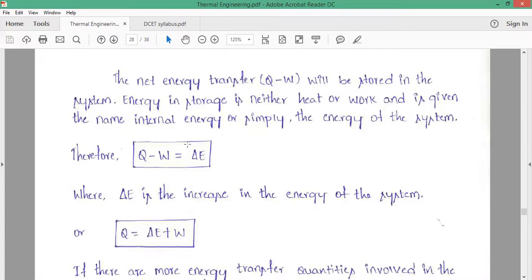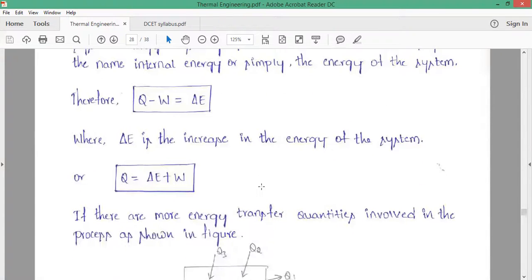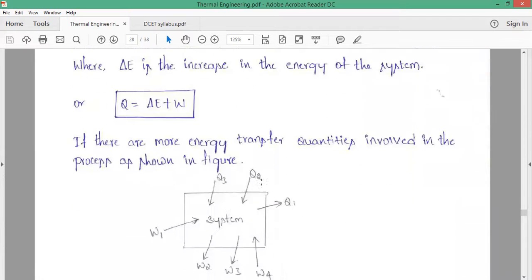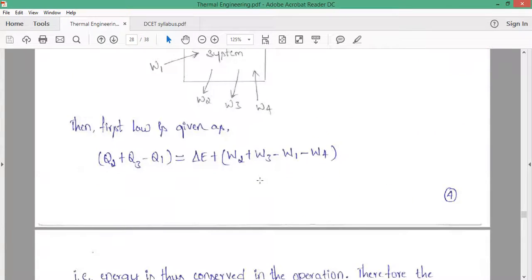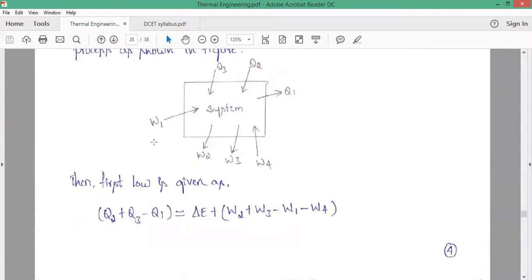Therefore, the difference q minus w equals delta E, where delta E is the increase in energy of the system, right? If there are one or more heat interactions and work interactions, then the first law is going to take this shape.